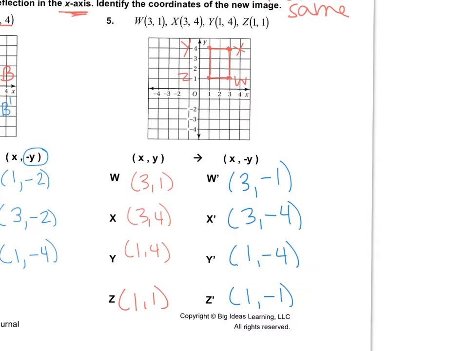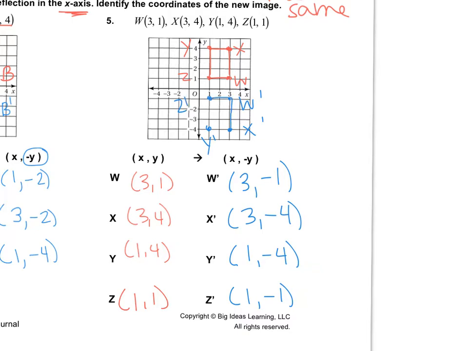It just flips the sign of whatever the number is. All right, so let's graph these new points. 3, -1 right here. 3, -4 here. 1, -4. 1, -1. So we have W prime, X prime, Y prime, and Z prime.